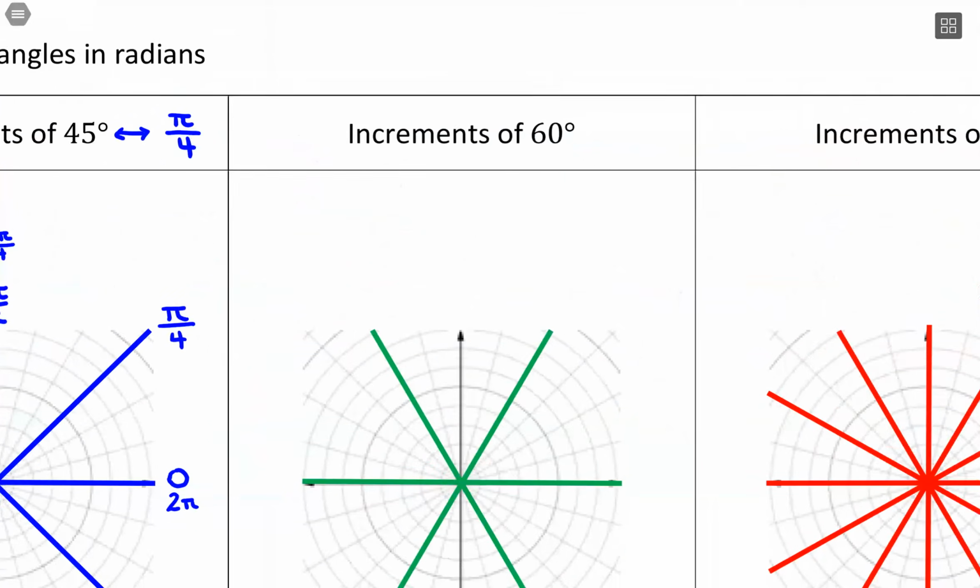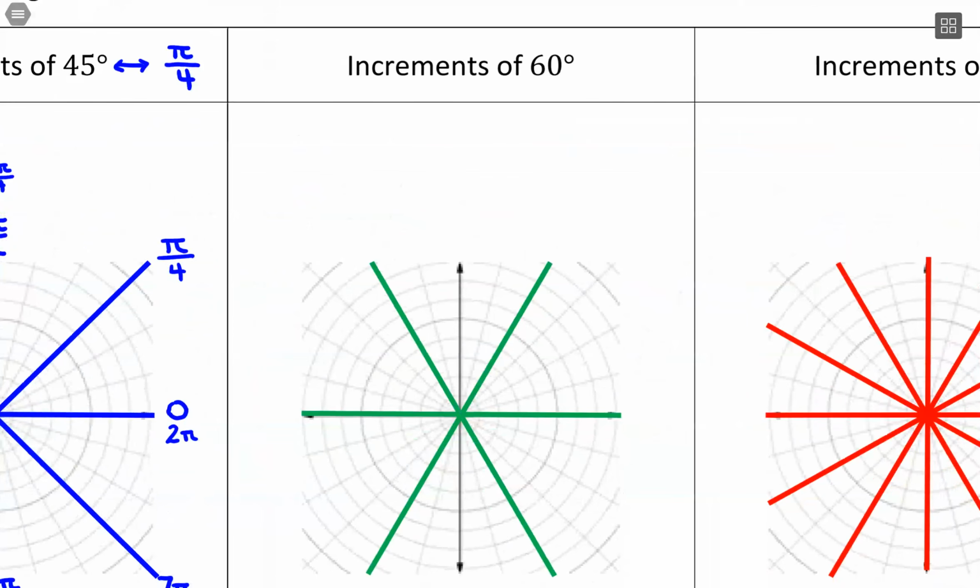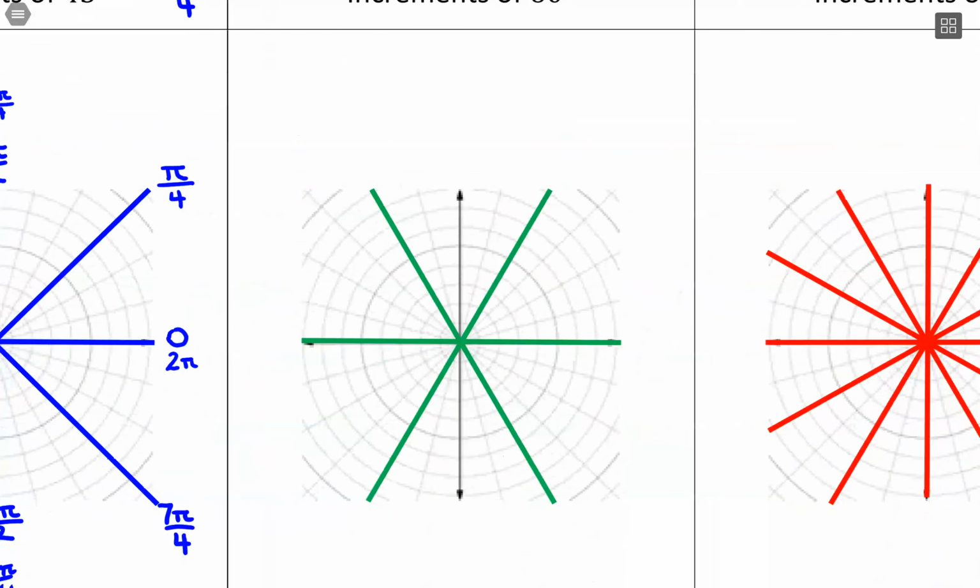So let's talk about in terms of increments of 60. So we have 0 radians, we have pi radians, and what we're doing with 60 degrees is we're taking that distance of pi and dividing it up into thirds. So this would be pi over 3. And just like I did with pi over 4, it's the same idea of just counting around the circle. I know I'm going to have that denominator of 3. I know I'm going to have pi in the numerator.